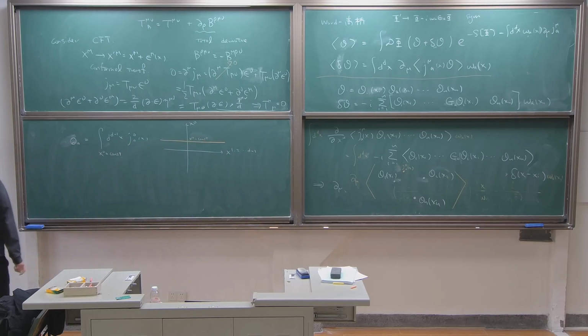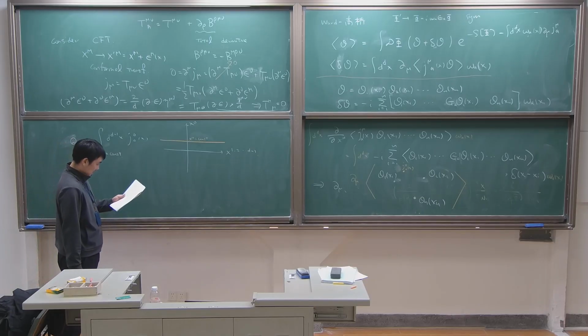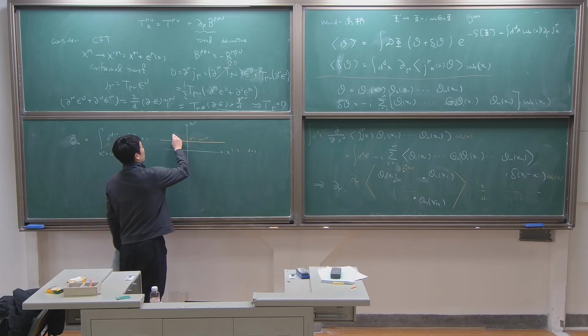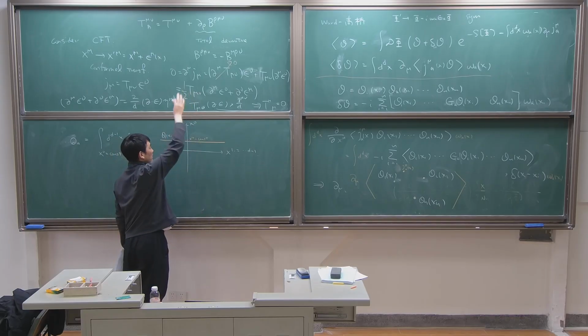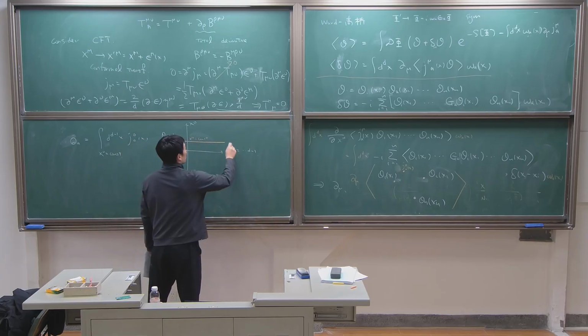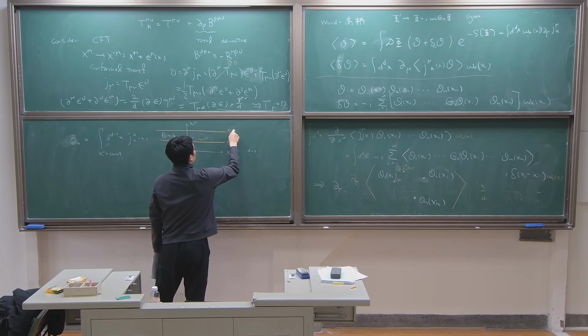In that case, suppose there is some operator O1 at x1 sitting here, and the other operator at another place, and just integrate. There is some t minus and then t plus.